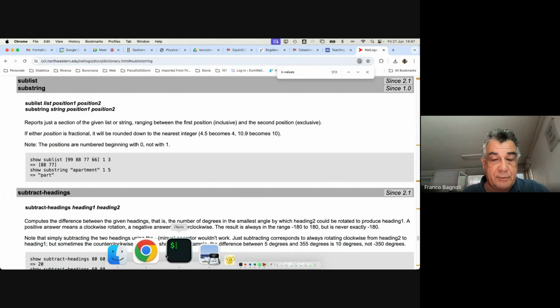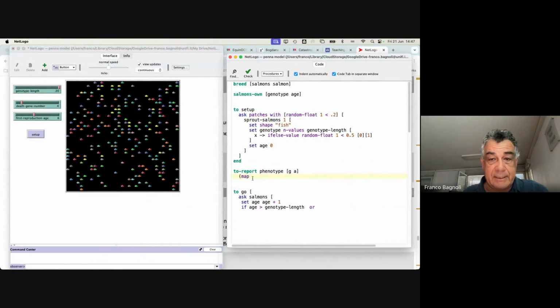This is very simple in this way, because I just report sum of substring G from 0 to A. So this is quite simple, no?